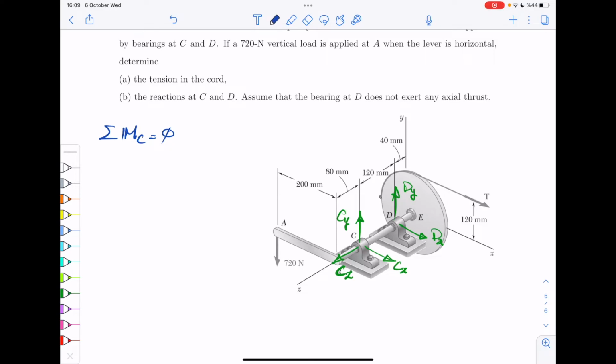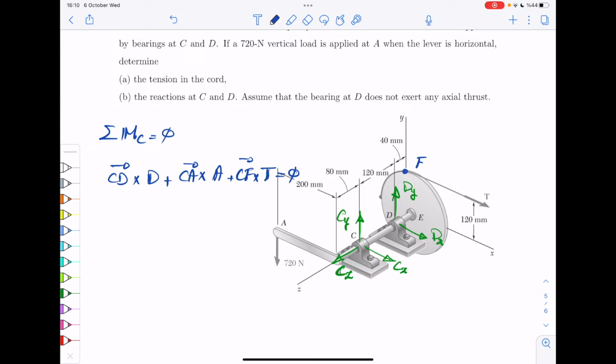Now, with respect to C, you would have the force at D and the distance, so there is CD times force at D, plus CA times the force at A, and then eventually the force T. So if I think this point is maybe, let's call this point F, then there would be something like CF times force T. The sum of all of this should be 0, okay?